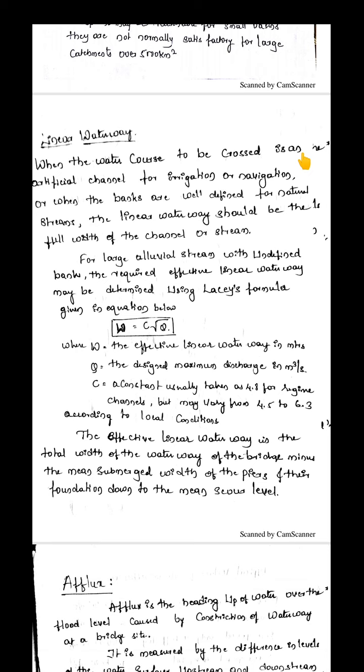The effective linear waterway is the total width of the waterway of the bridge minus the mean submerged width of the piers and their foundation down to the mean scour level.